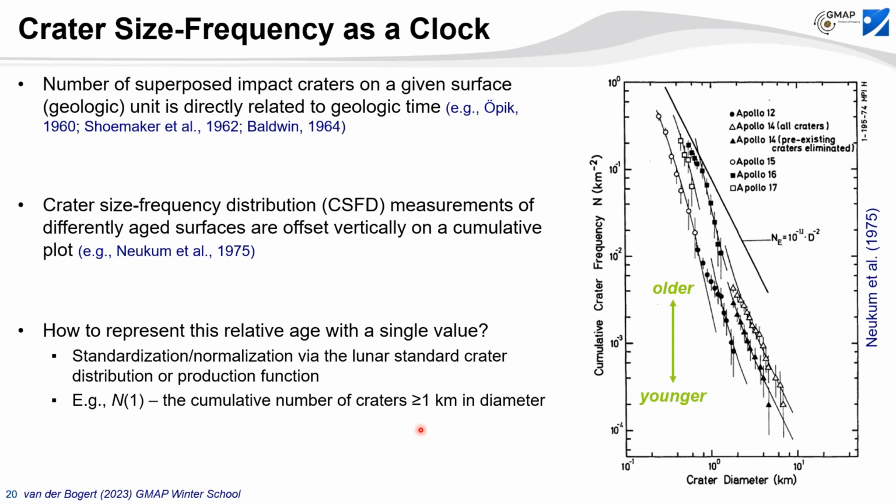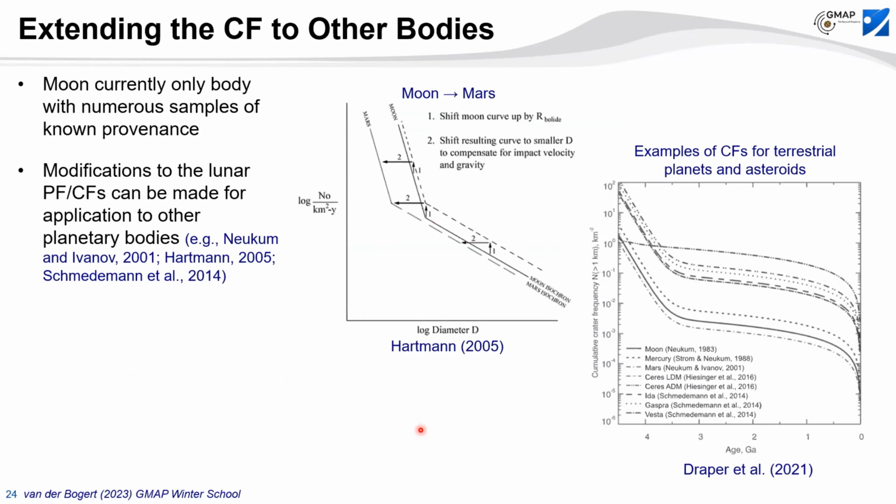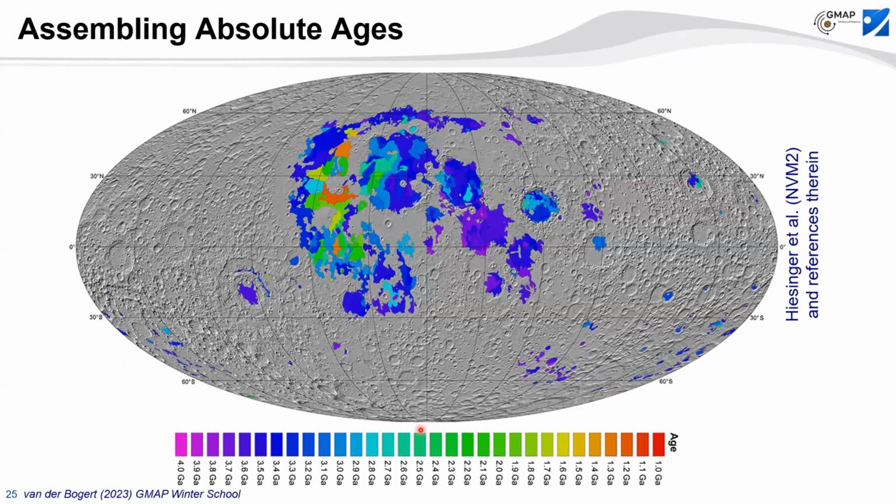And then we're going to skip forward to the application of it to having a look at the super big picture. When you measure and count the craters on a geologic unit that you're interested in knowing how old it is, you derive what's called an absolute model age. You can actually do it because this process is calibrated to the Apollo and Luna and now the Chang'e sample ages.